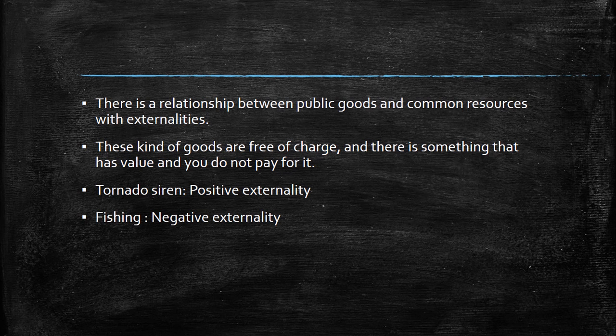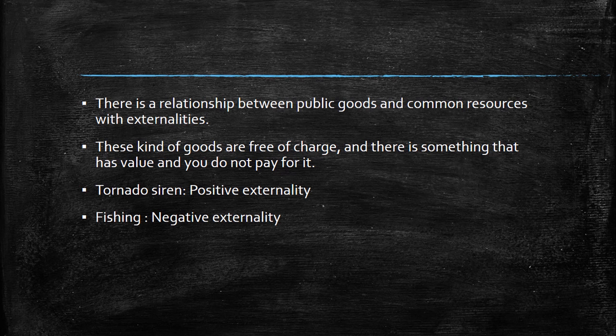tornado siren comes from a positive externality. Someone put it there, everybody benefits from it, so there is a positive externality. Even if you don't pay for it, you are there, so you will benefit from this signal. And fishing is a negative externality, because when you fish, automatically you are reducing the quantity of fish for future generations, future people who are going to try to subsist.